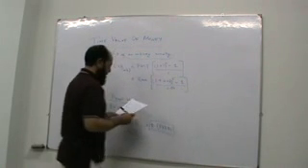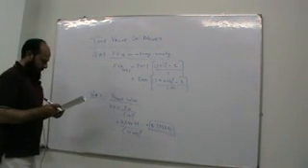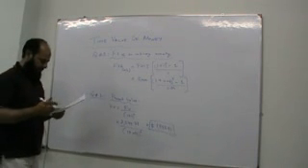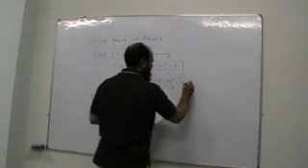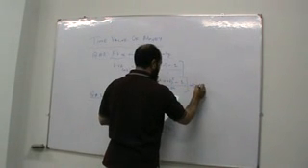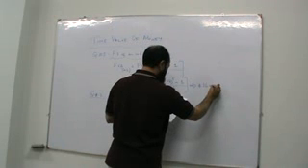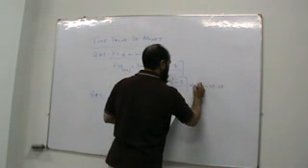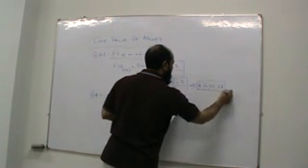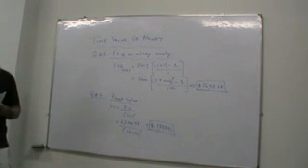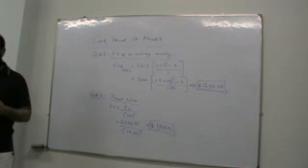So when we solve this equation, we get the answer 16,911.28. So 16,911.28 is going to be the future value of the ordinary annuity.